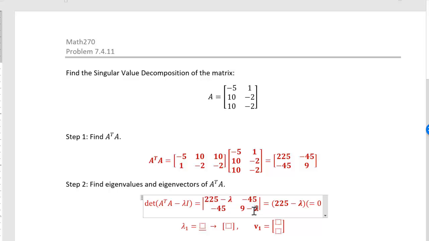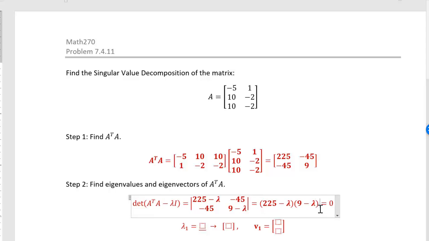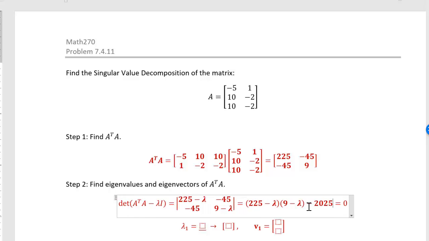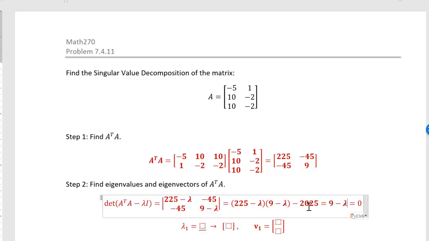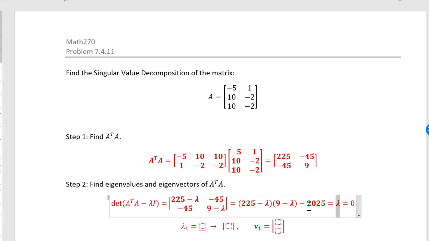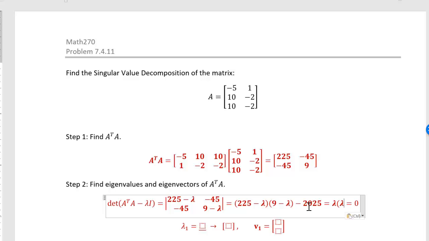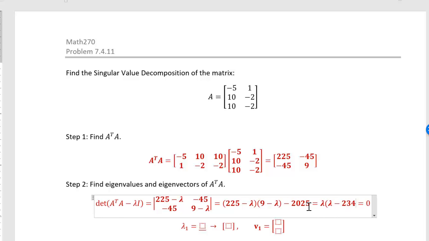We got a 225 minus lambda times 9 minus lambda, and then 45 squared. I think 45 squared is 2025. And so this thing, if you multiply this out, it should turn out to be lambda times lambda minus 234.